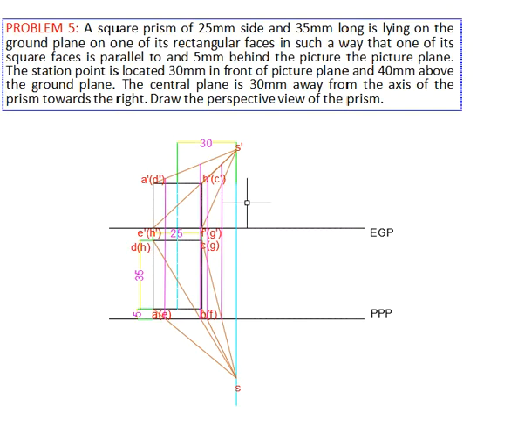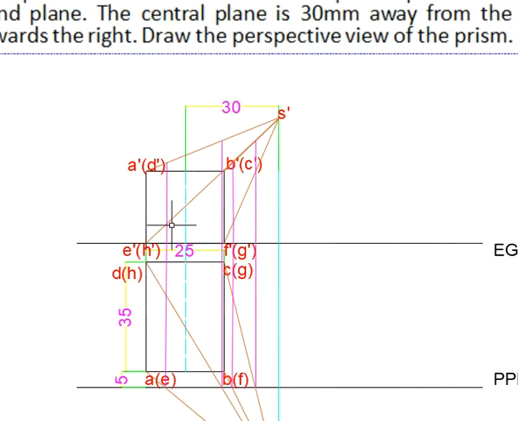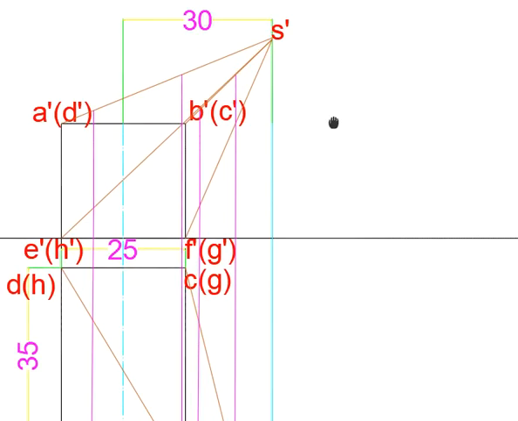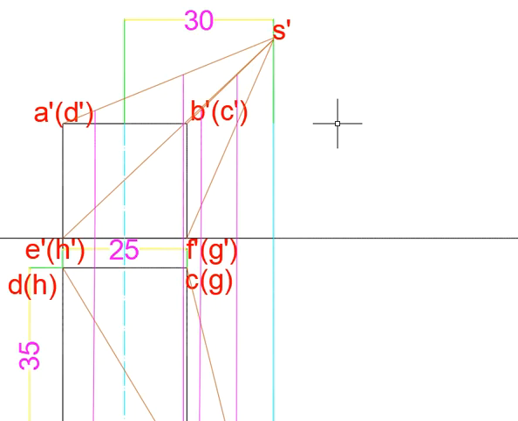Now we have to mark all the points in the top surface and the bottom surface. The intersection of this projection line with the visual rays in front view will give the perspective points. We are representing those points with capital letters.